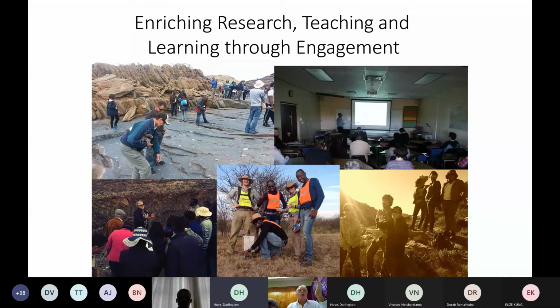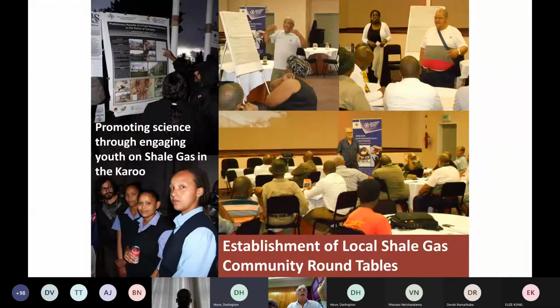So what I've said is about moving your teaching and moving your research off campus, and it involved a number of local shale gas community roundtables and presentations by both academics and the community, as you can see in the top left and right sections of the slide.